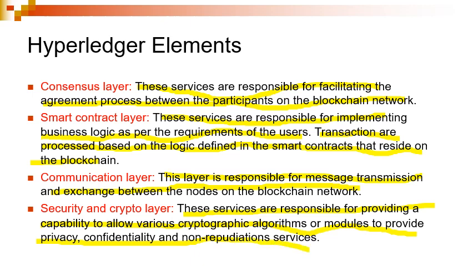As Hyperledger provides a modular architecture, we can select the modules as per our requirement. These modules are plug and play. For the security mechanism also, we can decide whether we require an advanced security mechanism or a basic security mechanism for privacy, confidentiality, and non-repudiation services. So we can select the modules as per our requirements in Hyperledger Fabric. We will see this in detail in coming sessions.